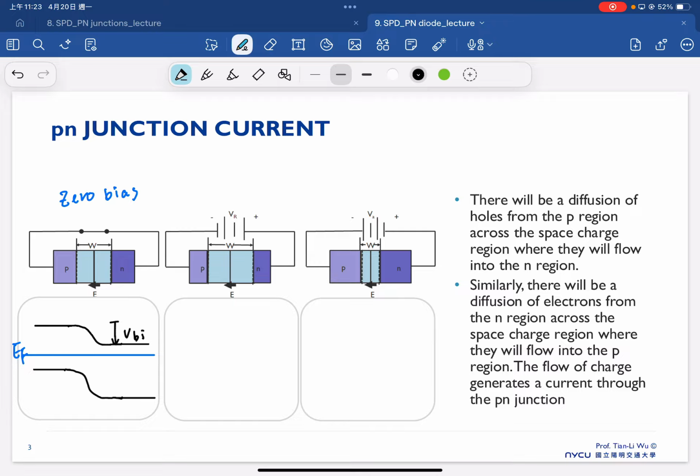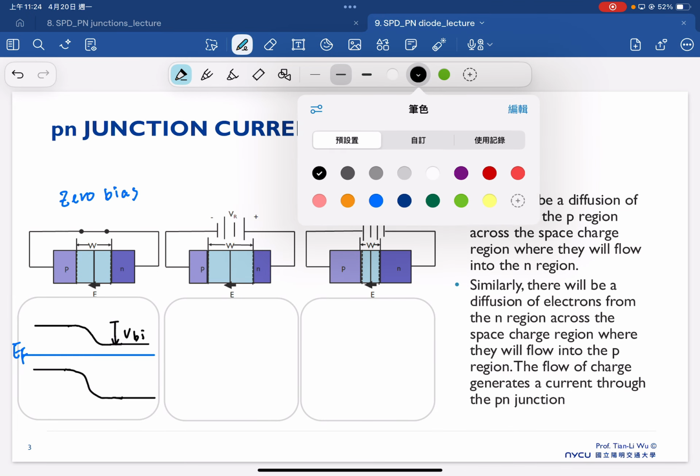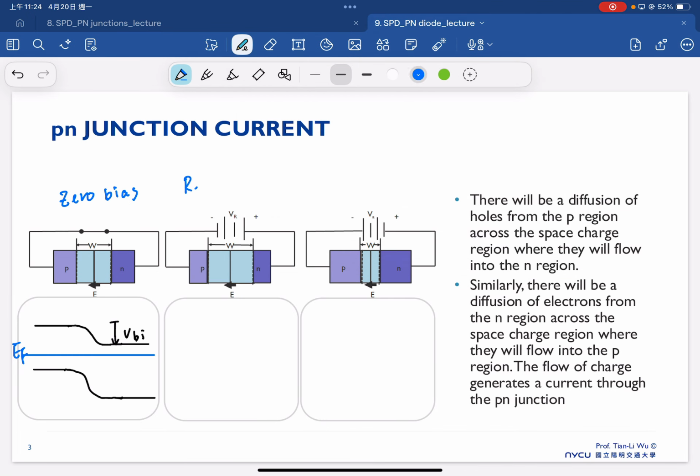And also in the last slide, we mentioned the concept under reverse bias. In reverse bias, right now we don't have a constant Fermi energy.